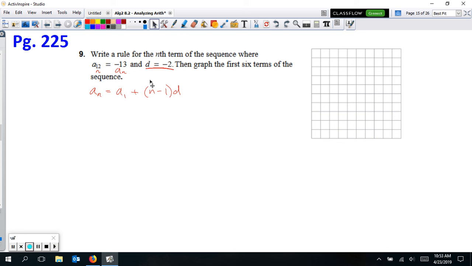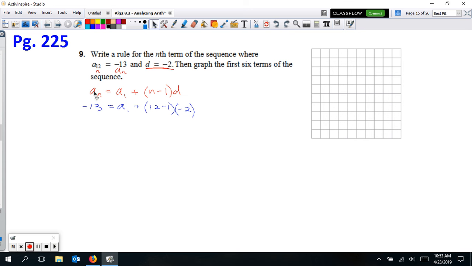So we actually have 3 of these things right here. We have everything except the first term. So what we need to do is plug everything in here, all these numbers. So I'm going to plug in 12 for n, negative 13 for the a of n, negative 2 for the d, and then I got to figure out, okay, what's my first term? What is the a of 1? So let's go ahead and plug everything in.